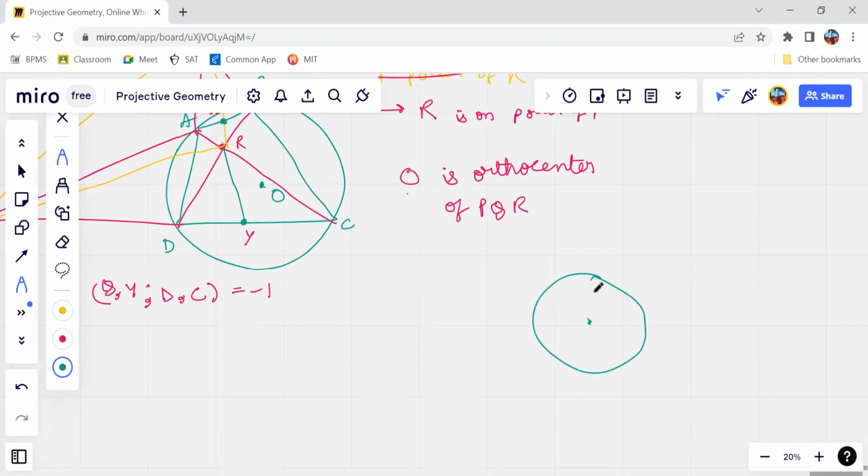Another property that we have is O, P, and you have P' somewhere. Let's suppose P is outside the circle, and this polar suppose intersects the circle at, say, X and Y. Then we have that PX is tangent to the circle. Do you see why?